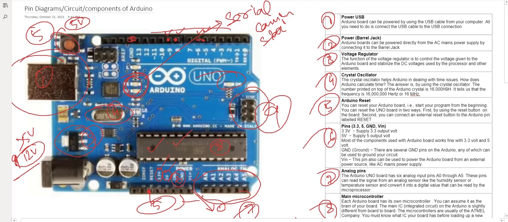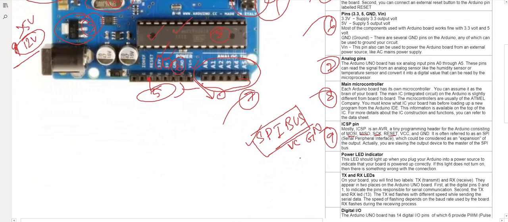They will glow whenever there is communication between your laptop and Arduino via serial ports. And obviously this USB cable has 4 wires, in which one is RX and another is TX, and the other two are VCC and ground. And there is the power LED indicator.